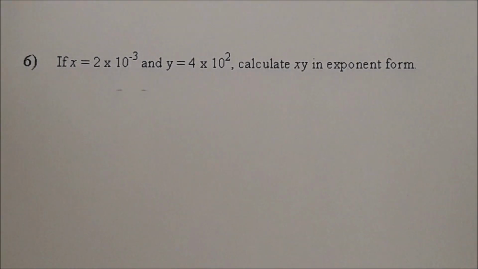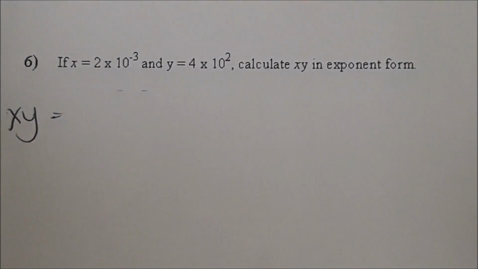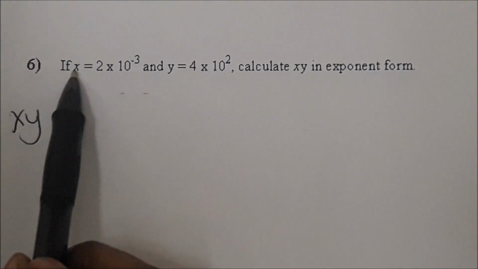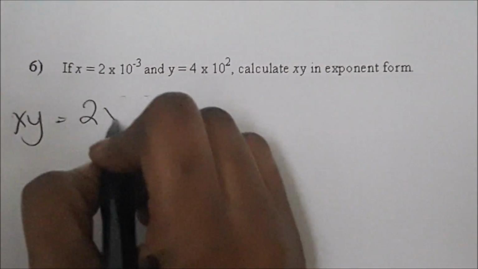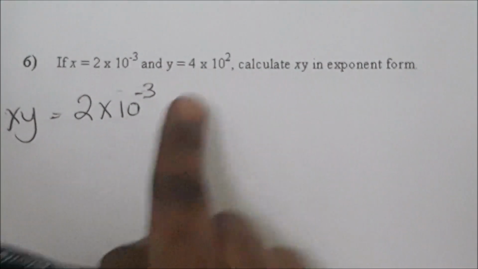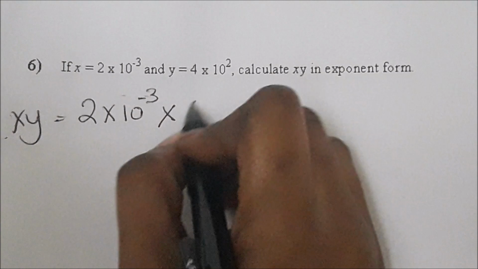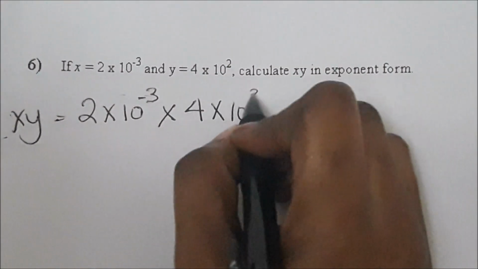If x equals 2 times 10 to the negative 3 power and y equals 4 times 10 squared, calculate xy in exponent form. Go ahead, work it. xy is x times y. x is equal to 2 times 10 to the negative 3 power, and y is equal to, times, because it's x times y, 4 times 10 squared.